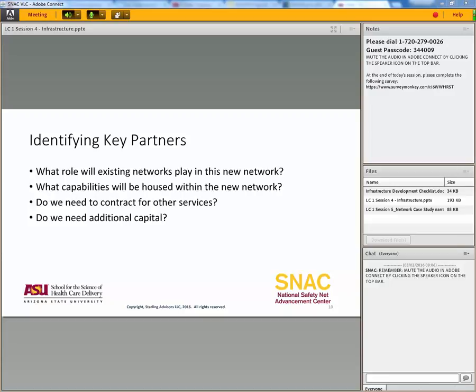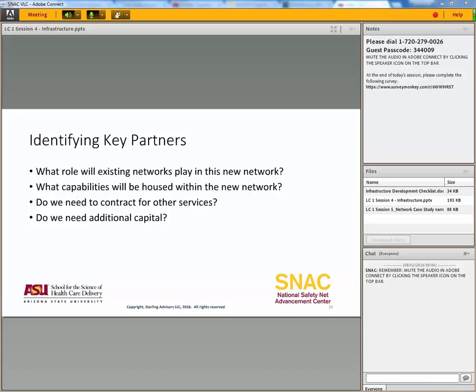Oftentimes, they provide an extraordinarily good starting point for the development of the services necessary to administer a contracting network, like an IPA or an ACO, but in and of themselves are not typically the appropriate entity to be the contracting network. So how do we get them involved in a meaningful way that capitalizes on the investments they've made, utilizes the staff that they've developed, and frankly provides a sustainability plan for them once their grant funding goes away? These are important considerations to begin discussing upfront.